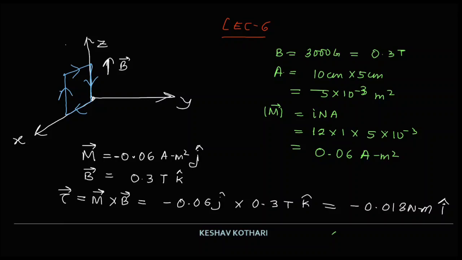So now we are going to begin with the next topic. We are beginning with the magnetic dipole moment of a revolving electron.